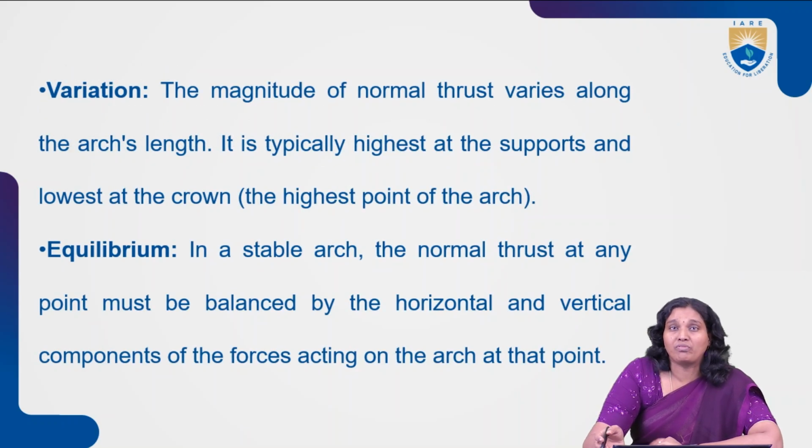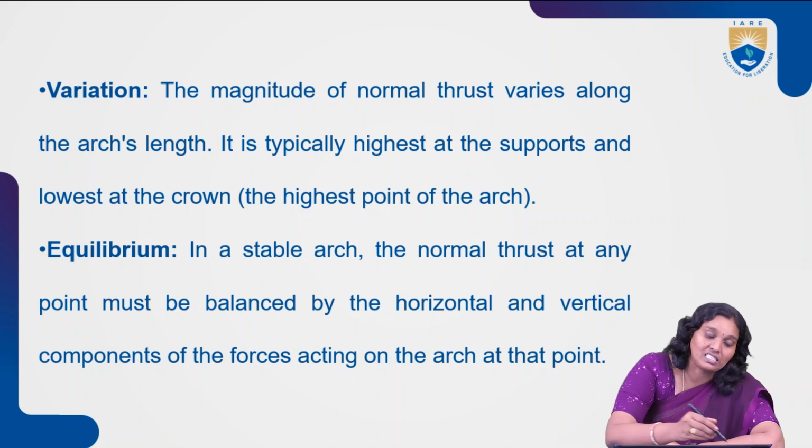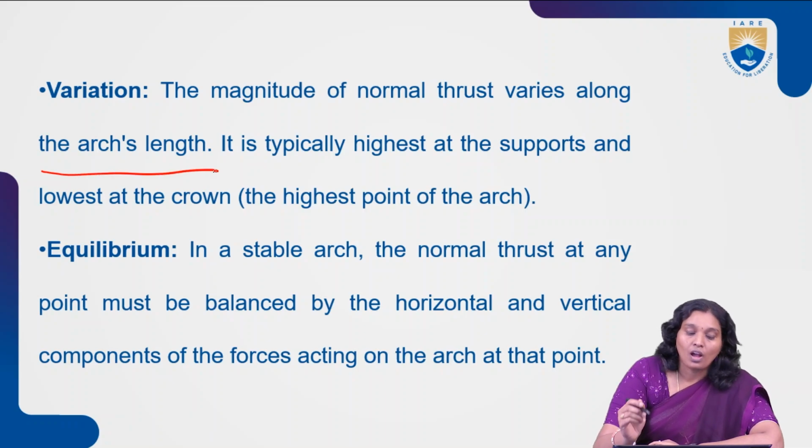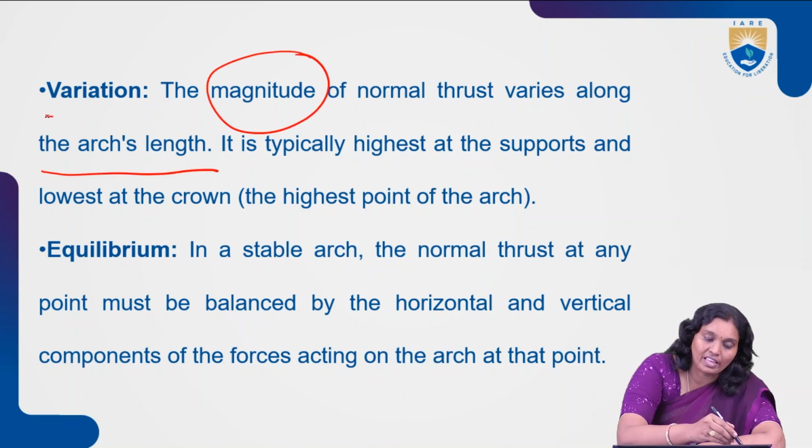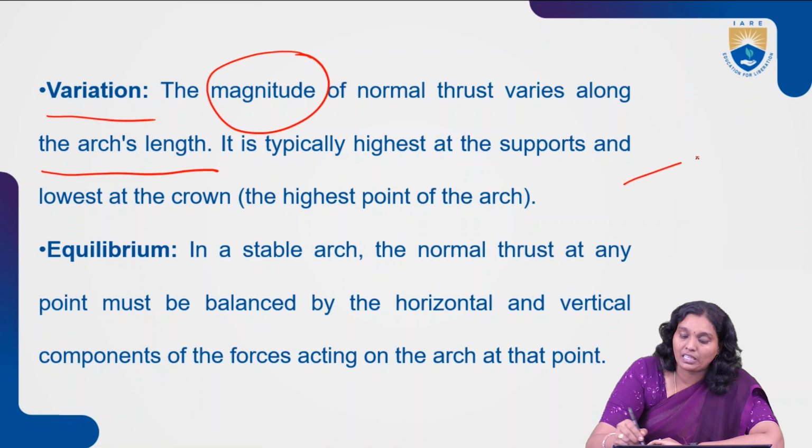Here we have variations. The magnitude of the normal thrust varies along the arch's length, depending on the span length of the arch, that is, the length of the arch between the two supports.